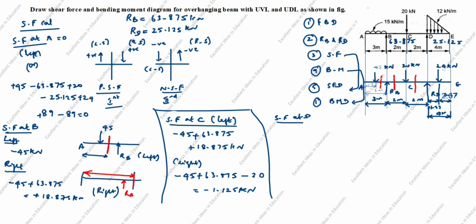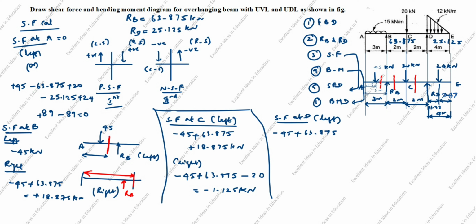Next, shear force at D. Now calculate shear force at D, this point. Left side is up to here. This is D, up to here. From here to here we will calculate. You see the arrow comes down. Down left side is negative, minus 45. Next you see the arrow goes up. Up left side is positive, plus 63.875.